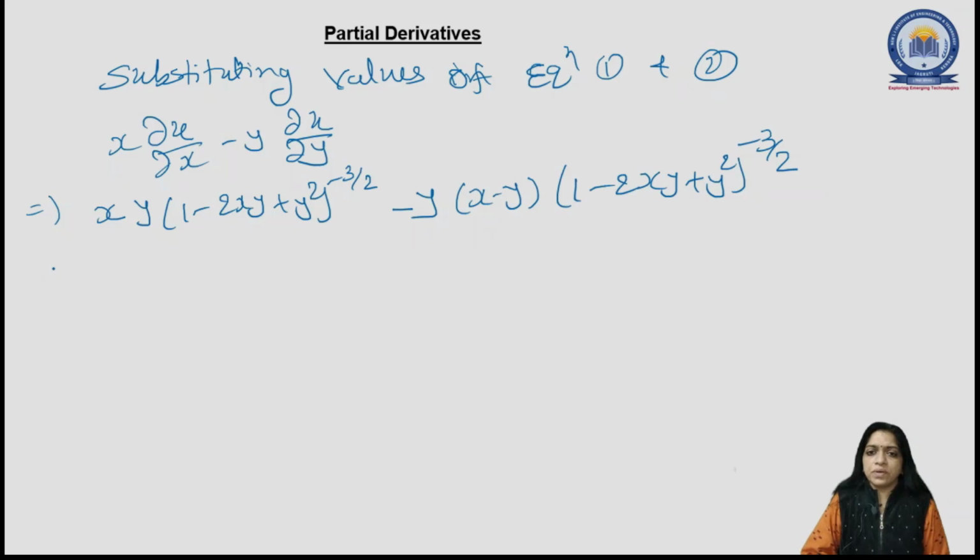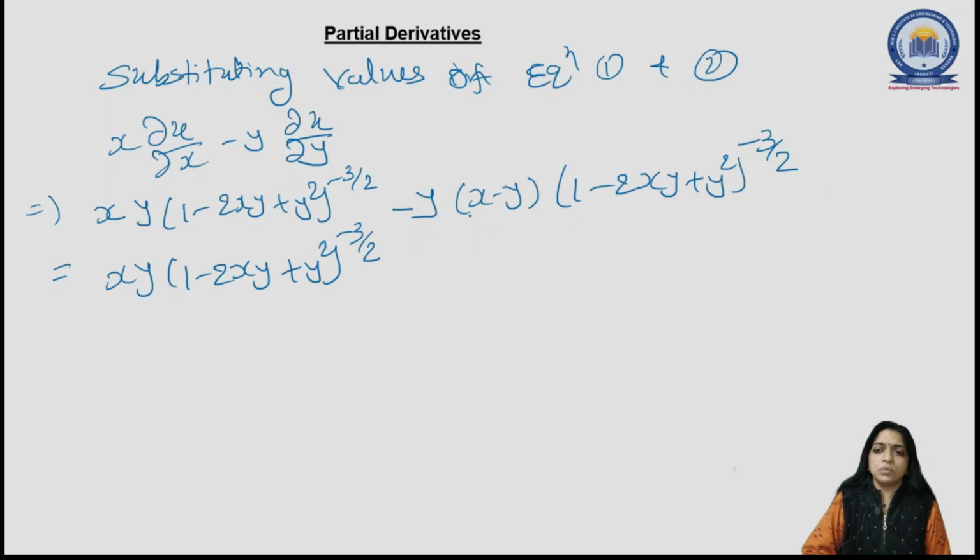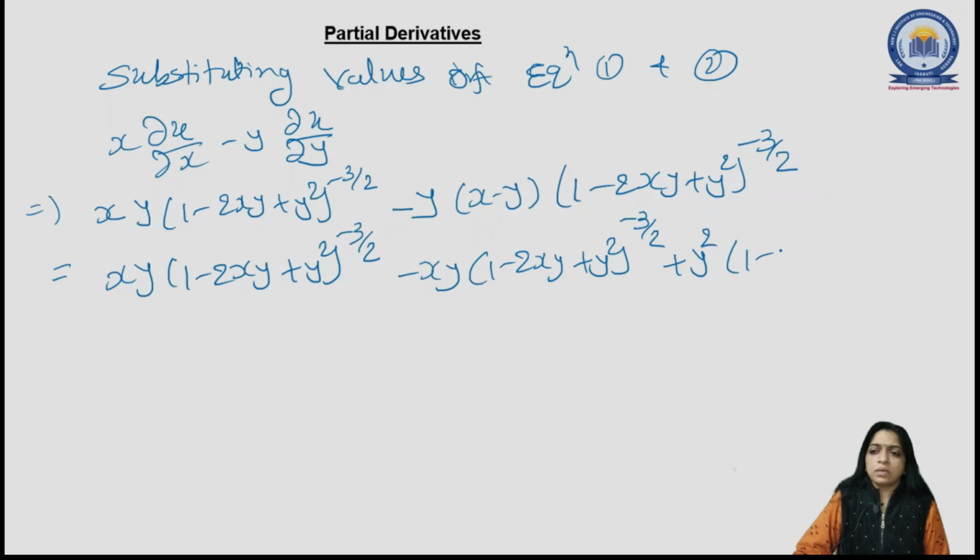So after simplification, this is xy (1 minus 2xy plus y square) raised to minus 3/2. This is minus xy into the bracket, that is (1 minus 2xy plus y square) raised to minus 3/2. This one is minus minus plus y square (1 minus 2xy plus y square) raised to minus 3/2.